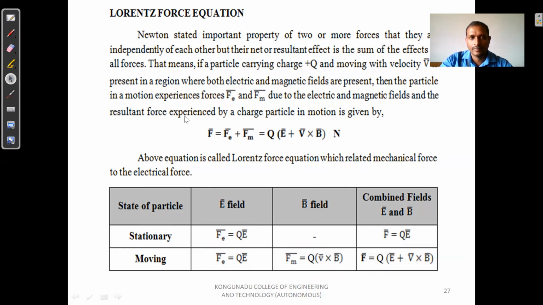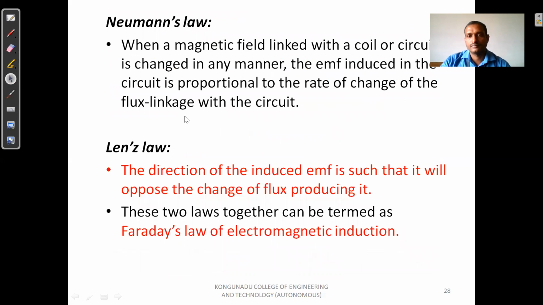Next, Newton's law. When a magnetic field linked with a coil or circuit changes, the EMF induced in the circuit is proportional to the rate of change of flux. If the magnetic flux is linking in the circuit or coil and there is any change in the magnetic field, EMF will automatically be induced in that conductor or circuit.